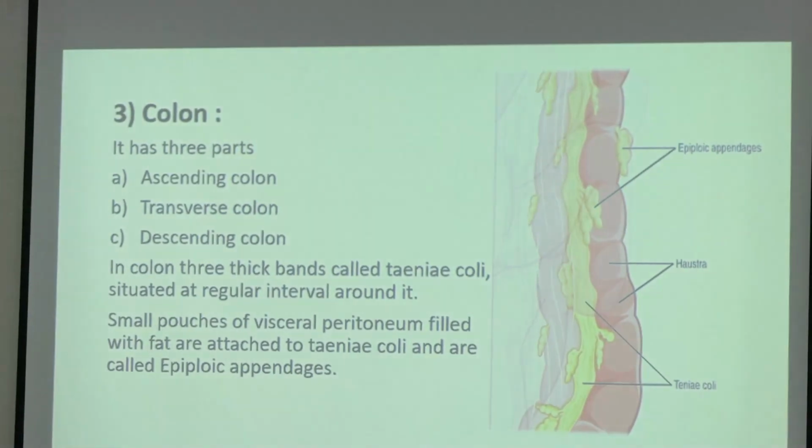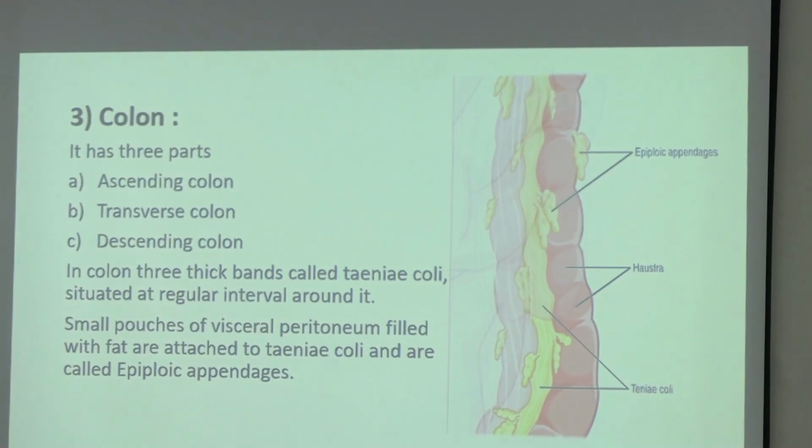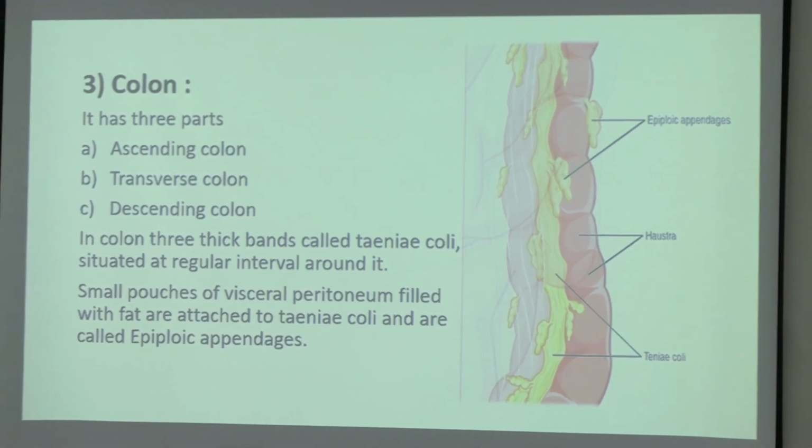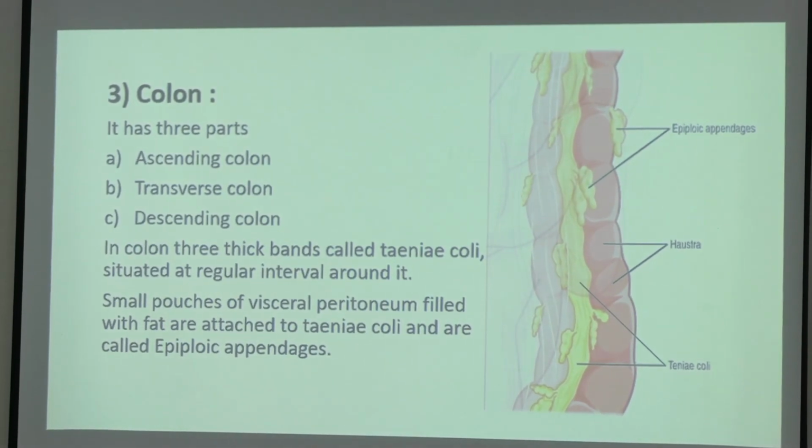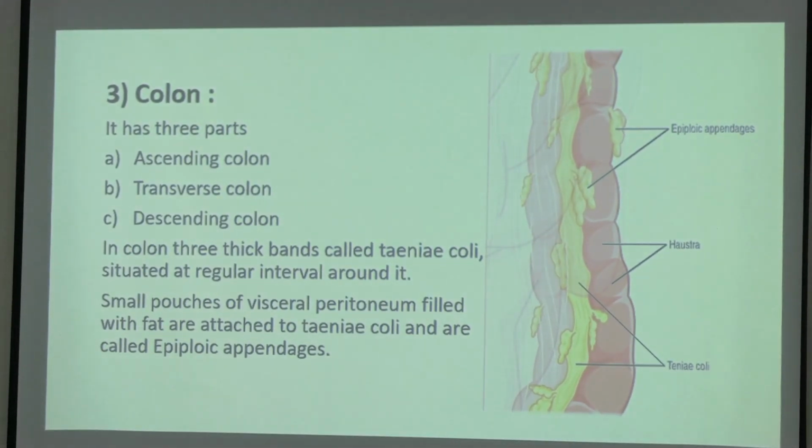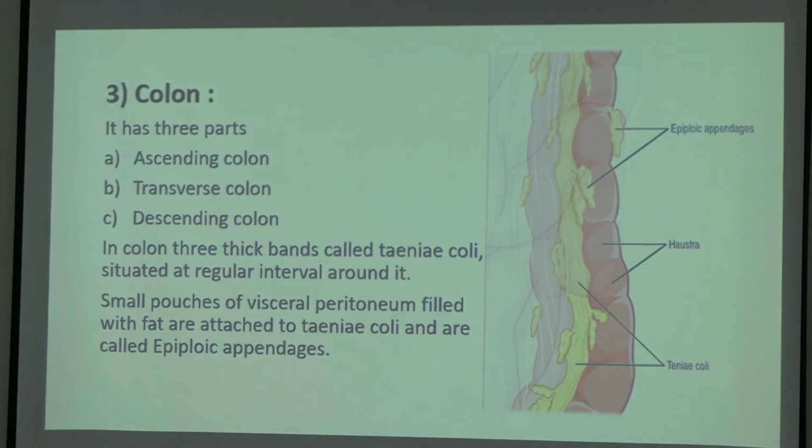Colon. What are the functions of the colon? Ascending, transverse, descending, sigmoid. So what are the functions of this? Absorption of water and minerals, and formation of stool, fecal matter.